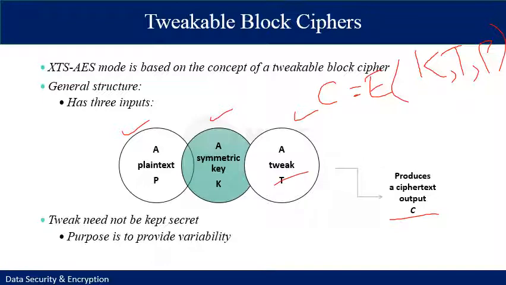So the purpose of tweak is to provide variability in the cipher text, and the key is used to enhance the security. That is, the use of different tweaks with the same plain text and same key produces different outputs. So if you change the T for the same plain text, your output will be different for each of the plain text.